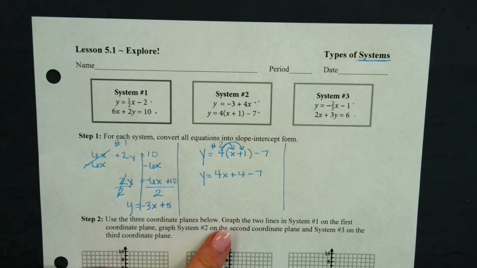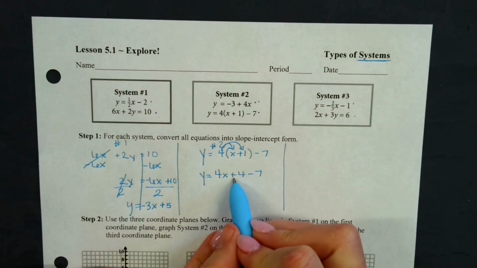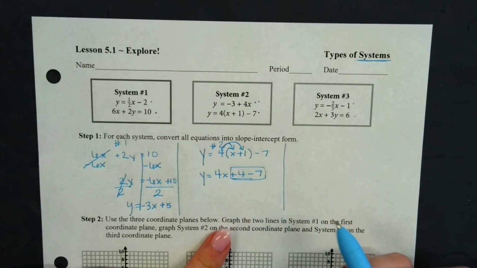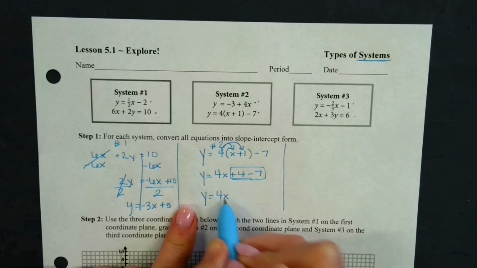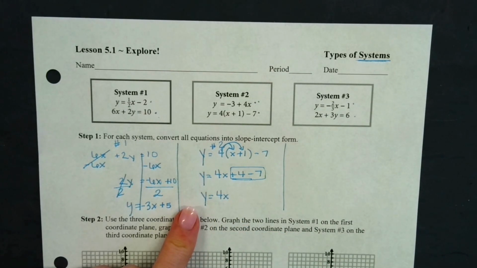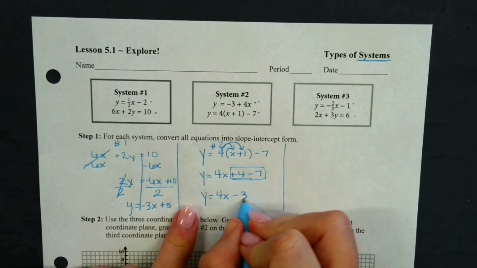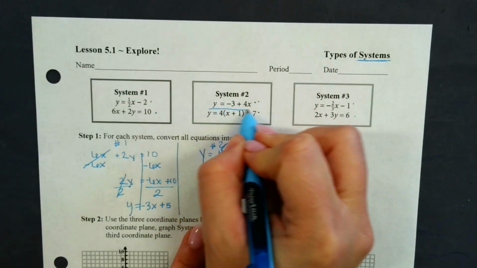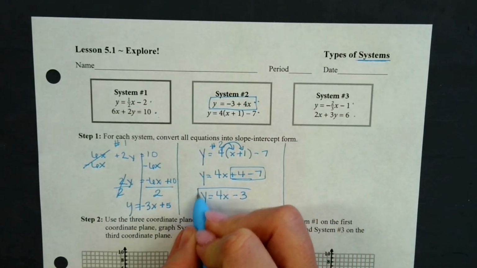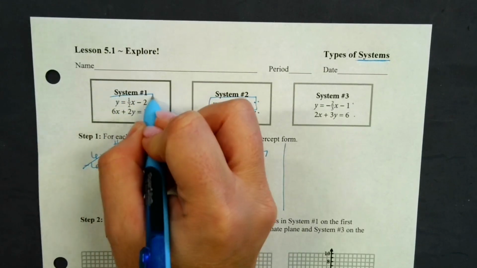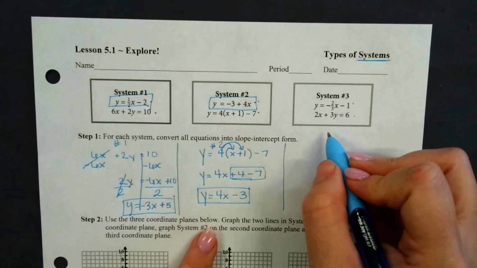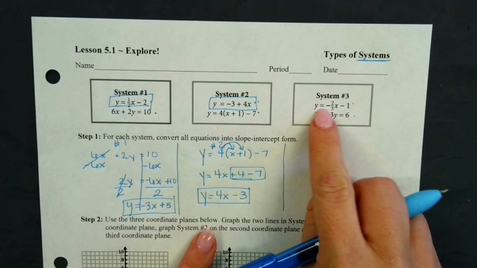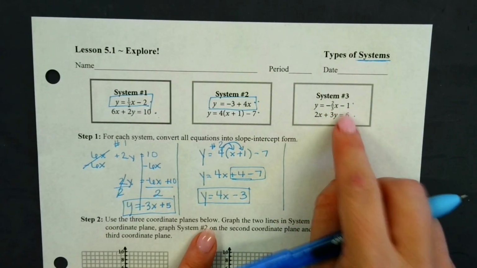What can I still do? Jet? So these two right here, I can combine those, right? So y equals 4x minus 3. So I've got this system and this system. I've got this one with this one. And finally, do I need to do anything to this top guy? Nope.